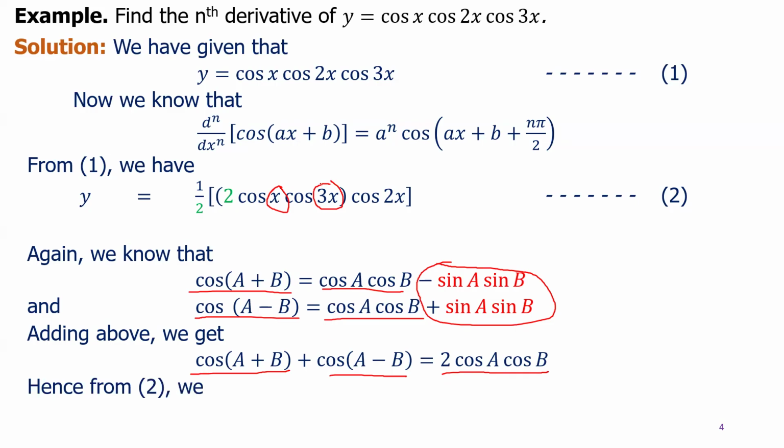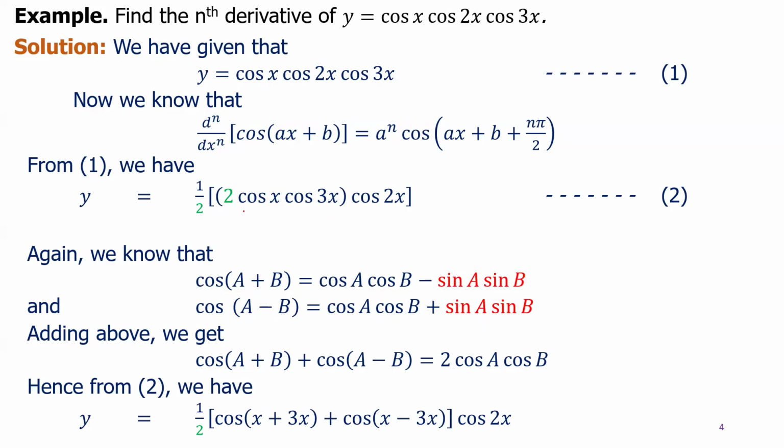Hence, we have y is equal to 1 upon 2, and 2 cos A cos B is equal to cos(x + 3x) plus cos(x - 3x), into cos 2x.